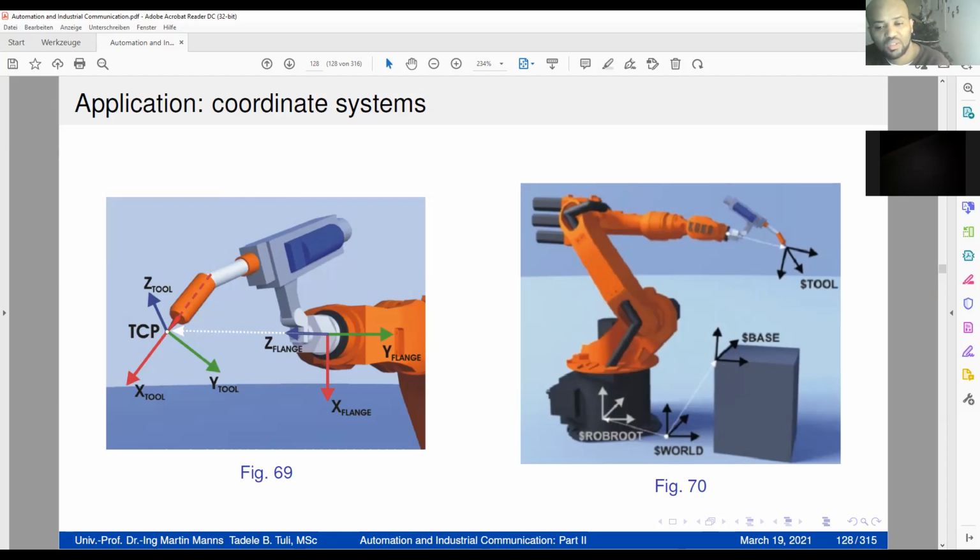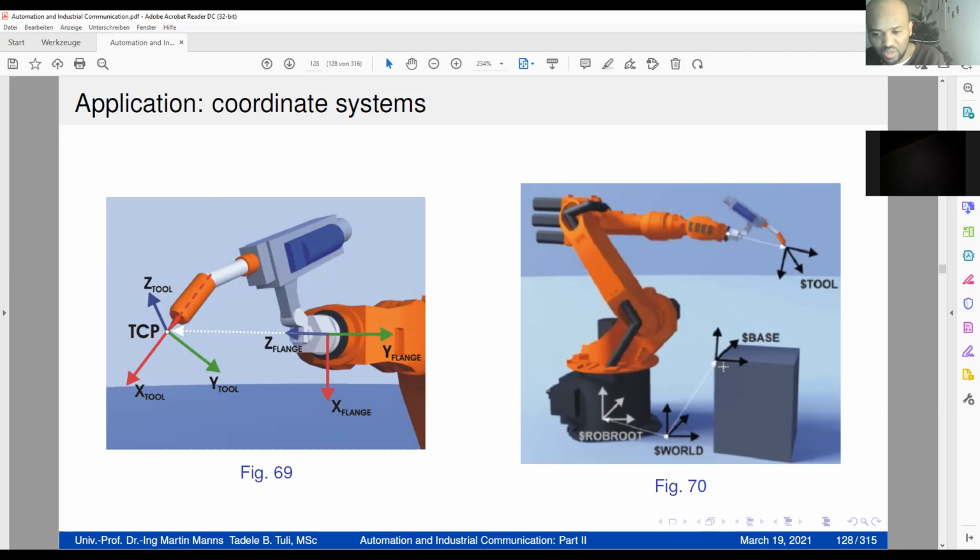Then the other point is the base. We could also call it the workspace reference frame.